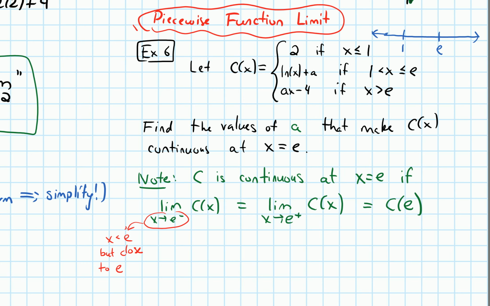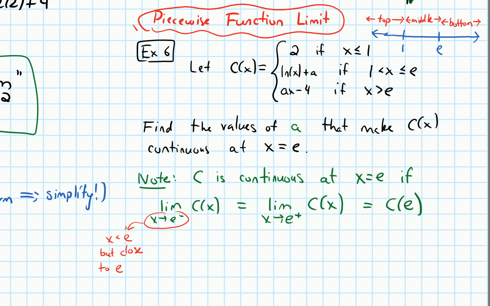On the left-hand side of 1, we are using the top piece. In between 1 and e, we are using the middle piece. And then on the right-hand side of e, we're using the bottom piece. That's based off of what our intervals are in this piecewise function.